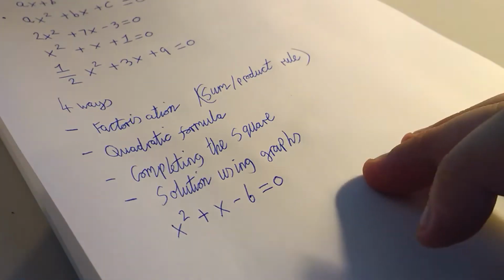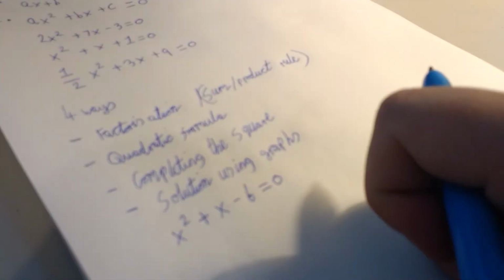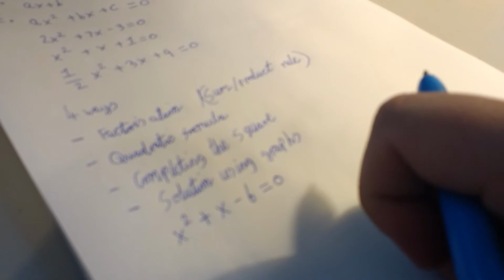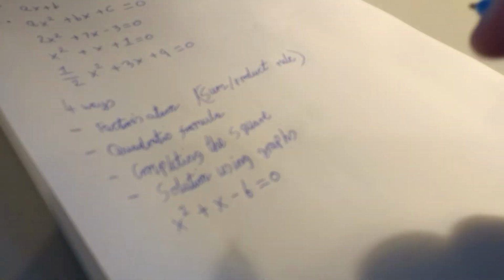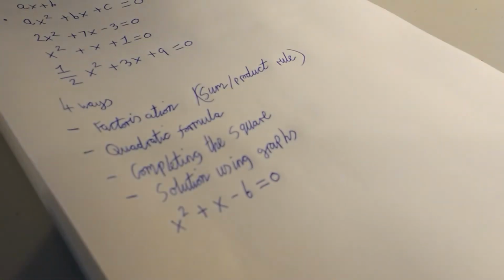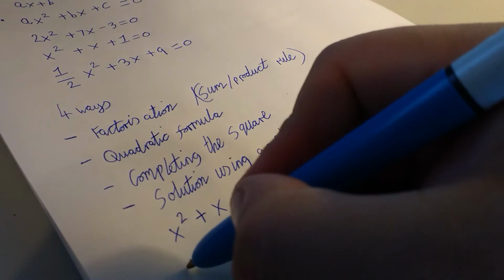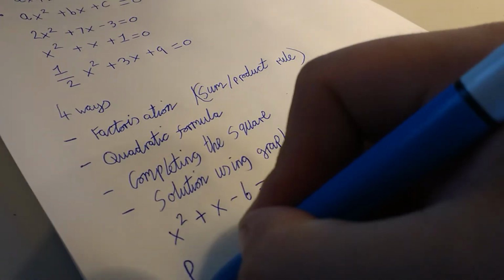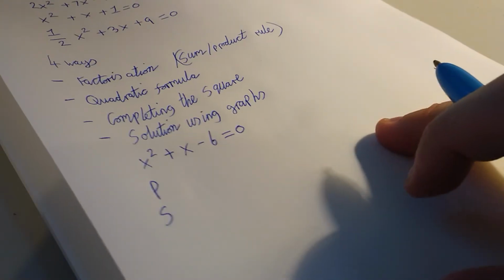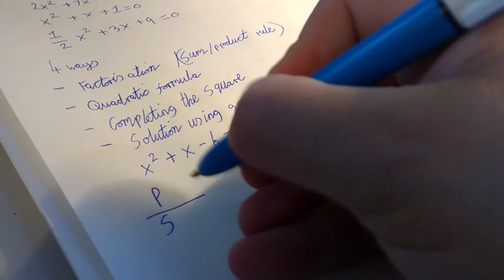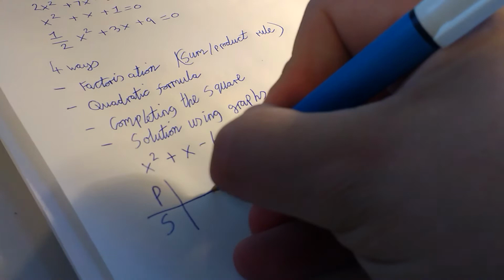Now what I like to do is use the sum product rule. This is how I was taught it in school, and I've used it ever since, even all throughout university and college. So what you want to do is draw out a table, and have P and S indicating your product and your sum.